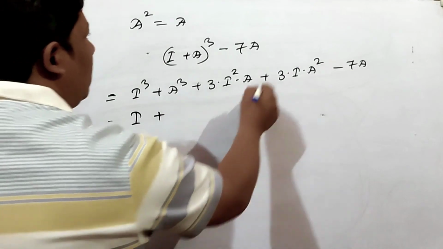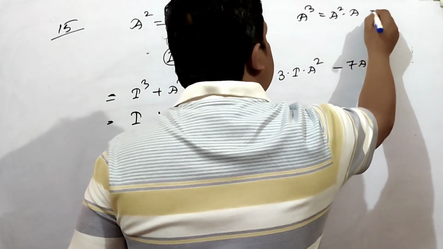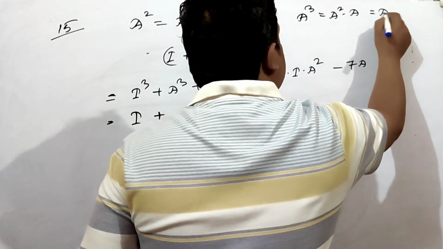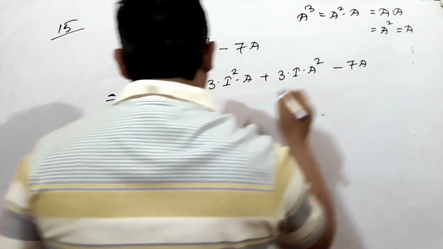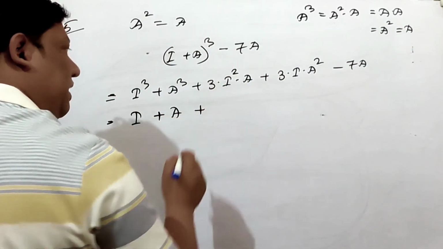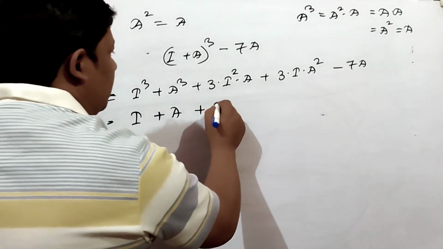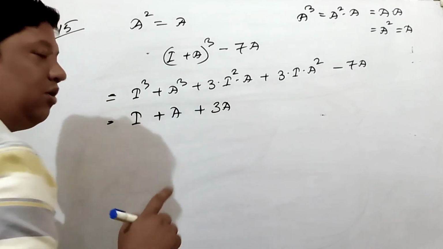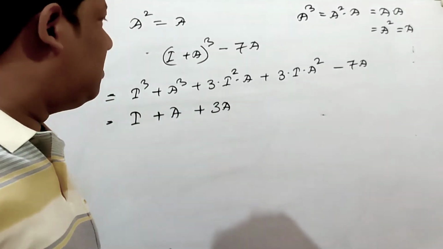And A cube can be written as A square into A, and A square is A, so A into A again is A square, which is A. So instead of A cube you write A. I square is I, but when it is multiplied with a matrix, then it becomes the matrix, so there is no need to write it. You write I only for the constant term.